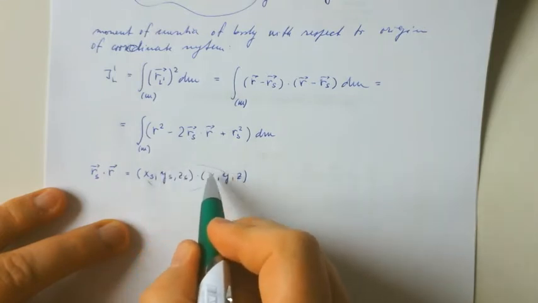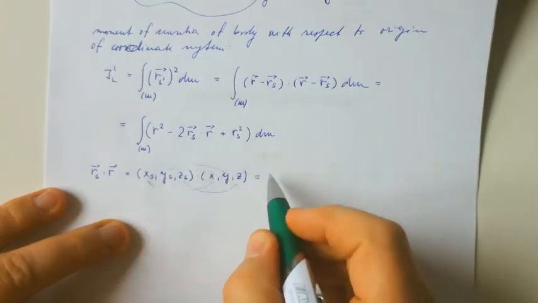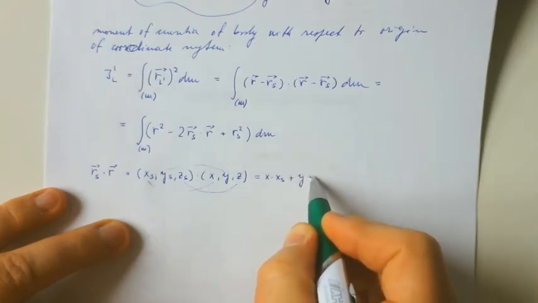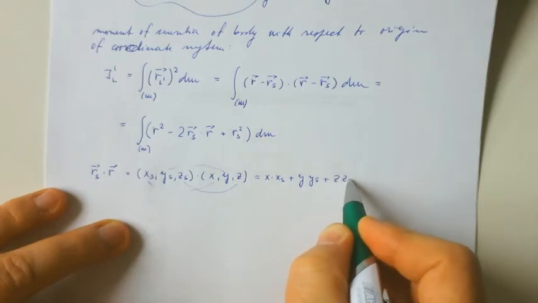We multiply corresponding coordinates, so it is x xs plus y ys plus z zs.